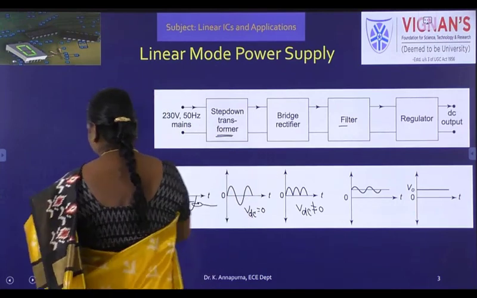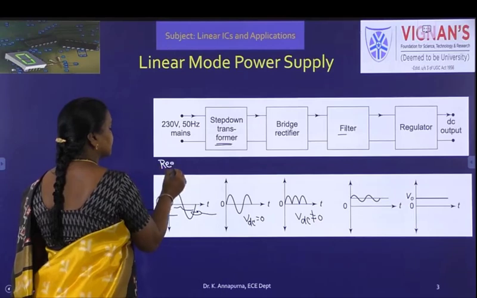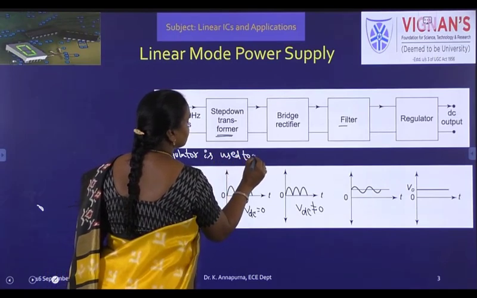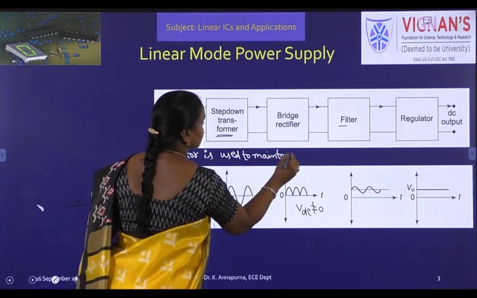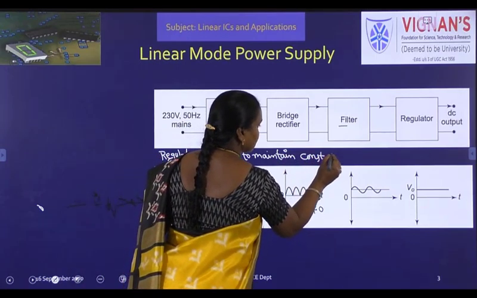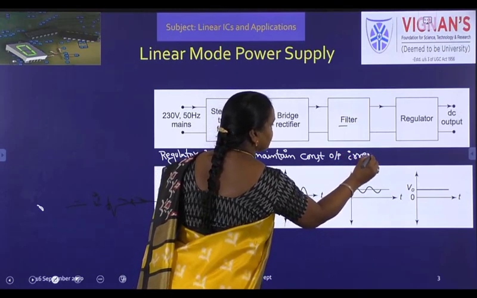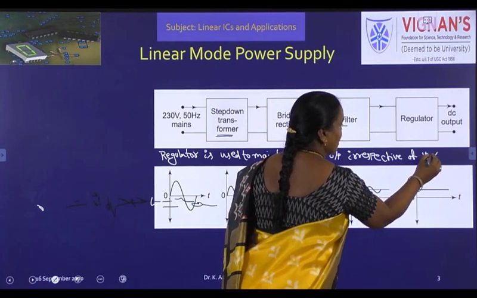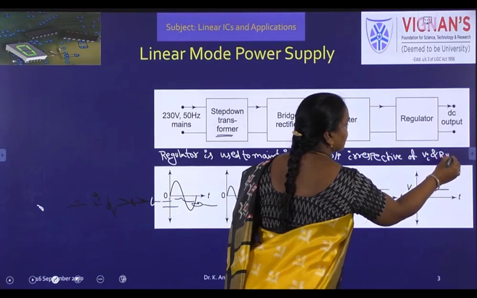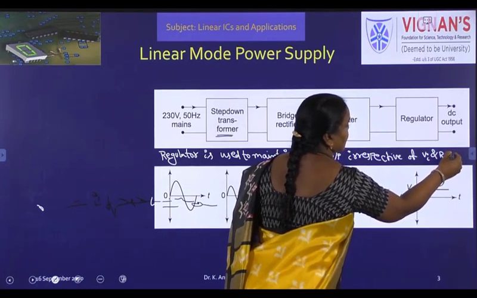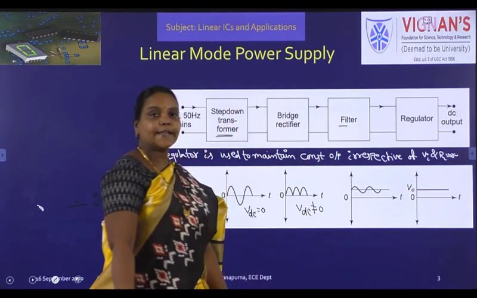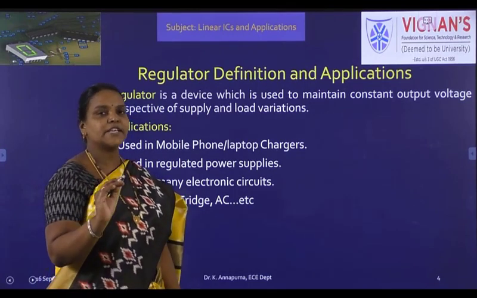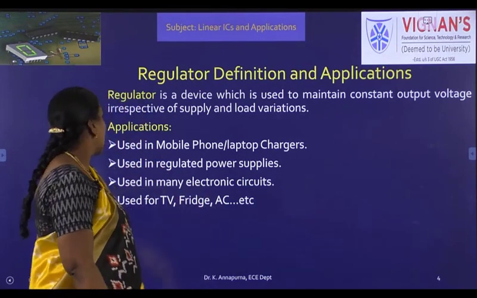So the regulator is used to maintain constant output voltage irrespective of supply variations and load variations. This is the definition. And what are its applications?